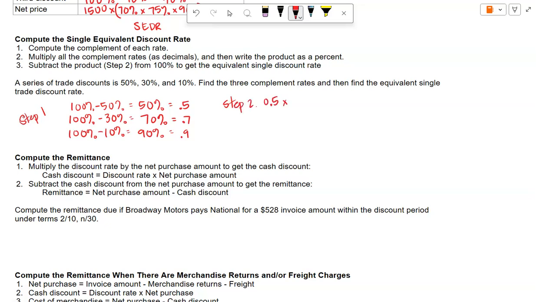So 0.5 times 0.7 times 0.9. Multiplying them together gives me 0.315. And remember, it says to write the product as a percent, so 0.315 is equivalent to 31.5%.